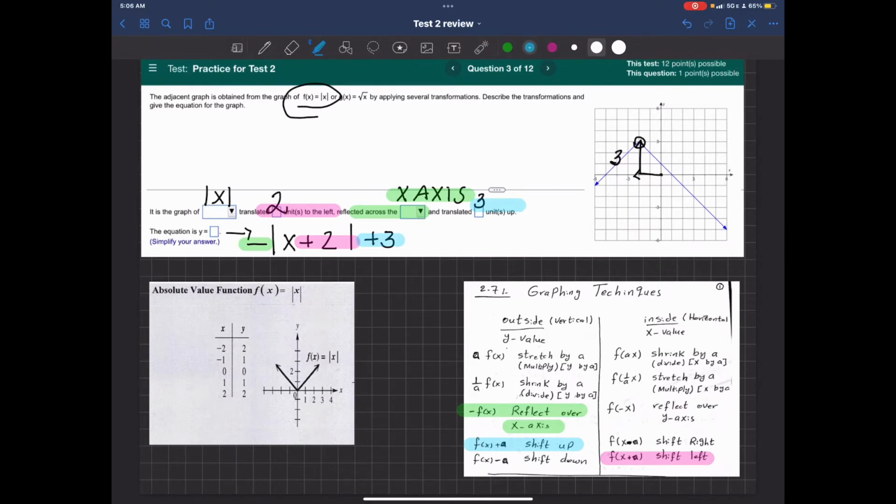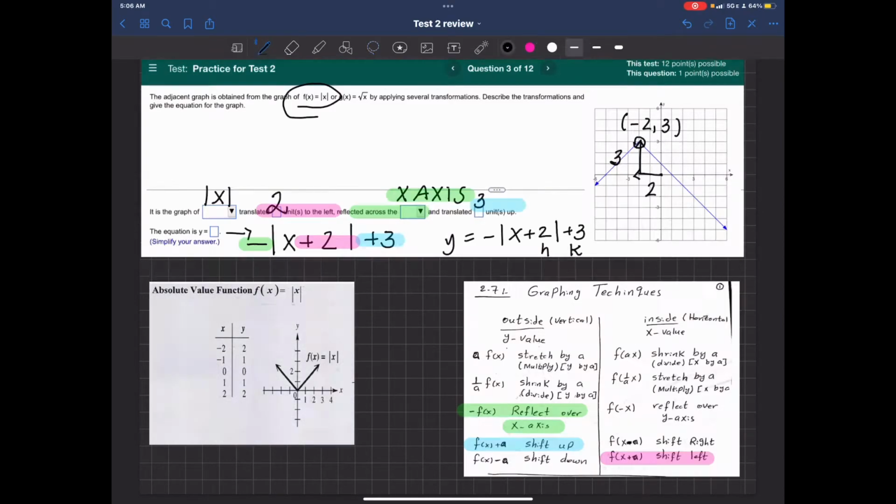All right, so if you want to see it without all the color, you would say y equals negative absolute value of x plus 2, plus 3. Remember, this is the h and this is the k. So we went 2 to the left, up 3. That gives us negative 2 comma 3 if we had to talk about our vertex.